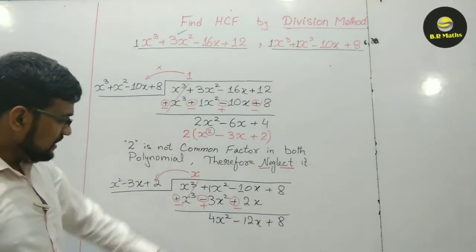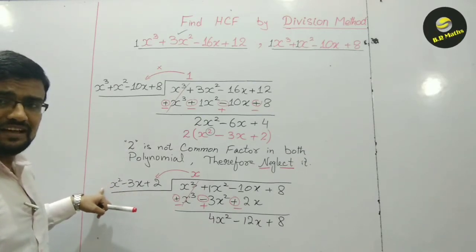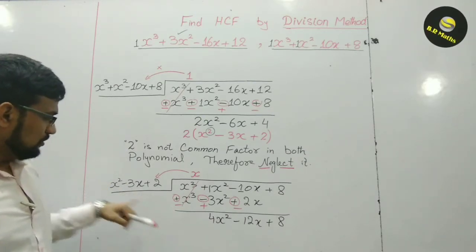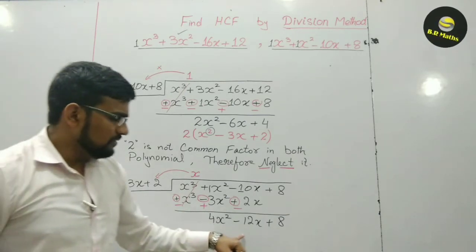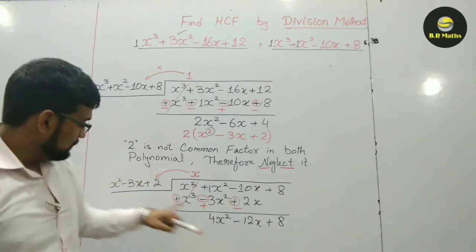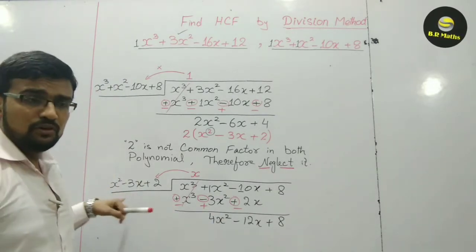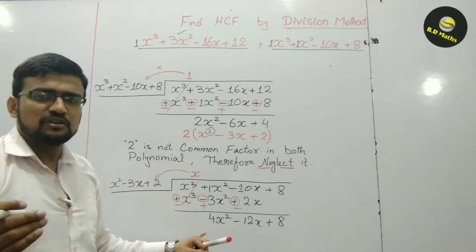Okay, so in this case x square and the divisor also x square, so it is able to divide. Okay, so I do not take common, you can also take common 4 in all, but here it is possible to divide, so you can either divide or take common, it depends on you.